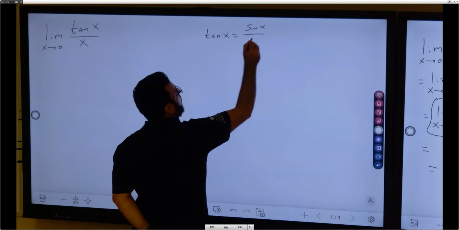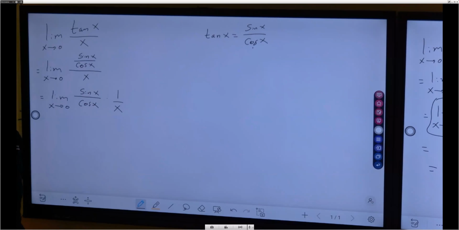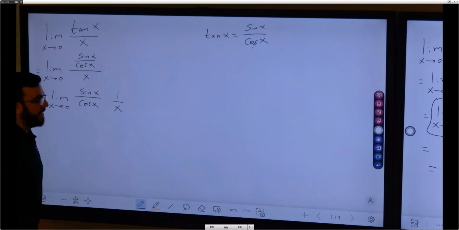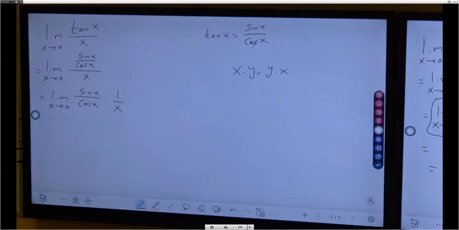Now, can I switch these two? Can I write down the x here and the cosine here? Yes or no? Yes. If you have x times y, can you write y times x? Yes, because multiplication has the commutative property. You can switch it.